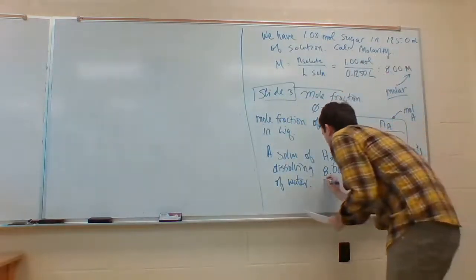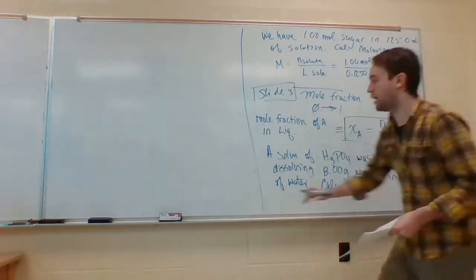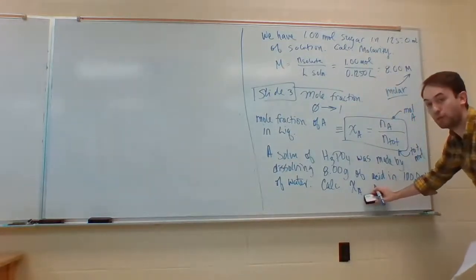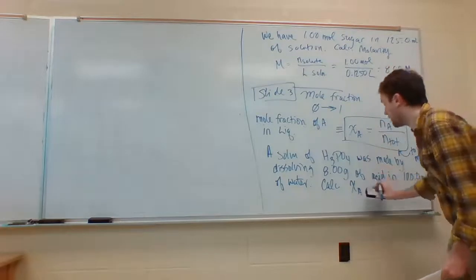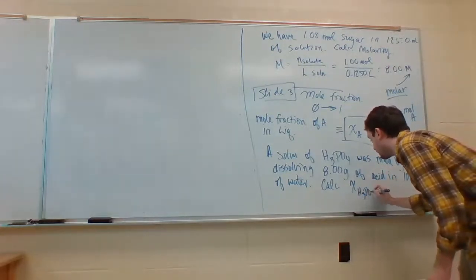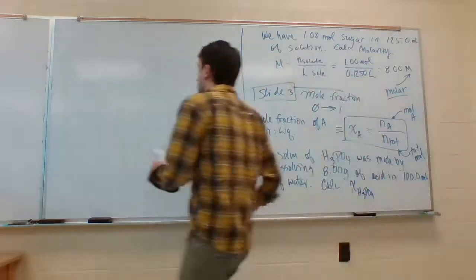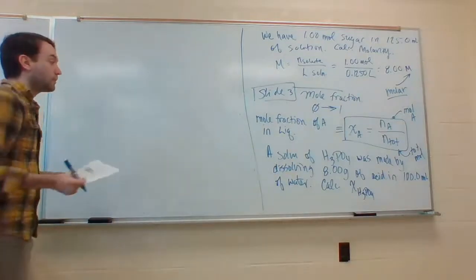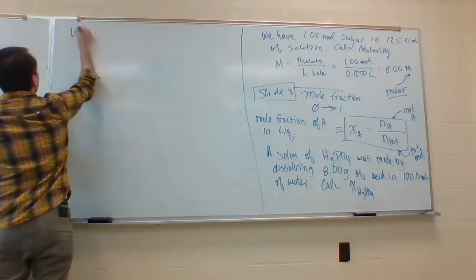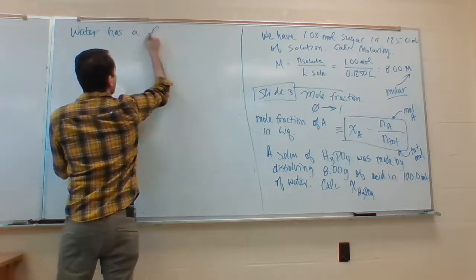Now, let's calculate the mole fraction, okay? Now, since we are talking about H3PO4, right? So I had mole fraction of A. If I want the mole fraction of H3PO4, right? I want to calculate that. All right. What am I going to do? Well, first thing we need to assume is that water has a density, rho.